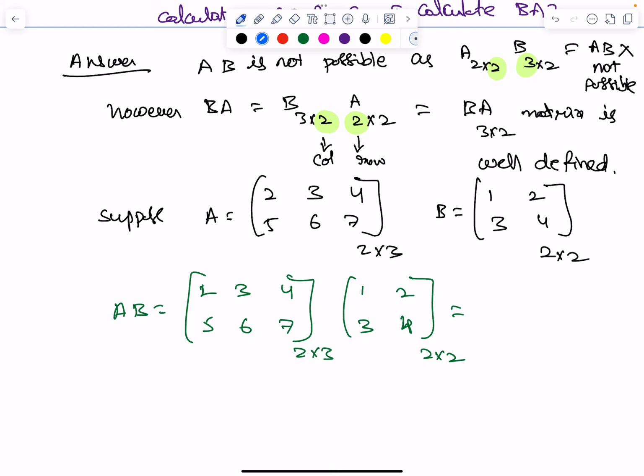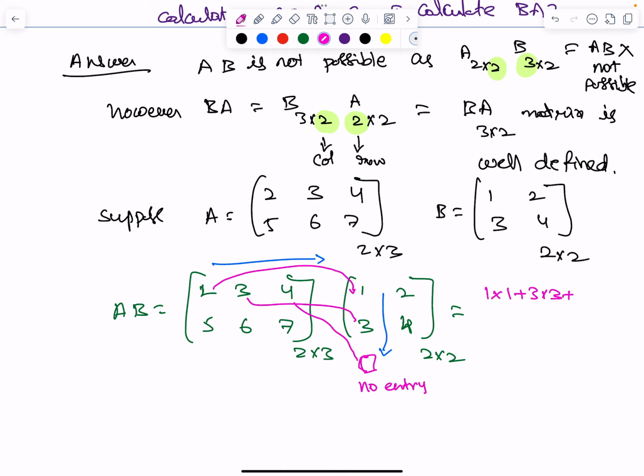You can apply the first row with columns, right? In this process, you can see 1 can be used for 1 into 1. 3 can multiply with 3, plus 3 into 3, plus what about 4? There is no entry here to supply to get the output.